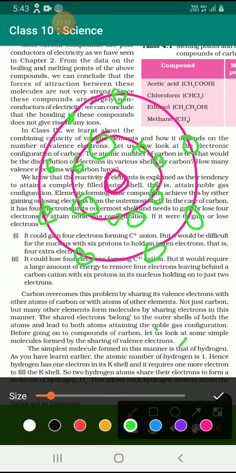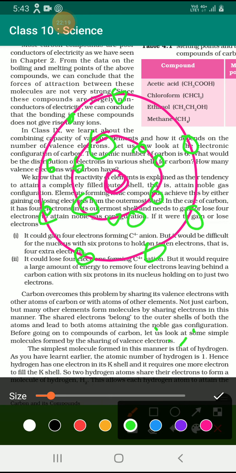Because they do not share electrons when they get an octet structure. Remember that if there are 8 electrons in the outermost shell, then it is called an octet arrangement. When the elements have an octet arrangement, they will not share any electrons with other elements, so they cannot form compounds.